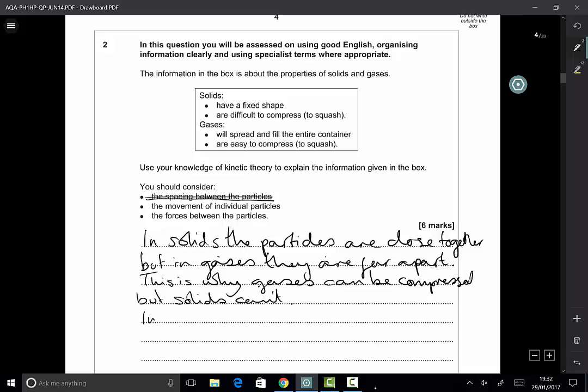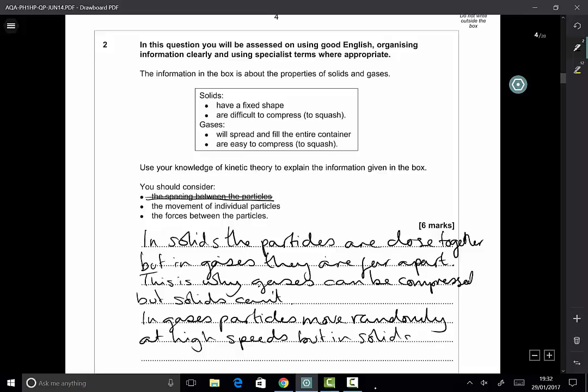So, in gases, particles move randomly at high speeds, but in solids they vibrate around a fixed point. So that's the movement of the individual particles.